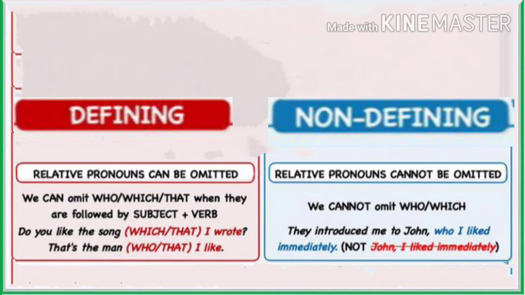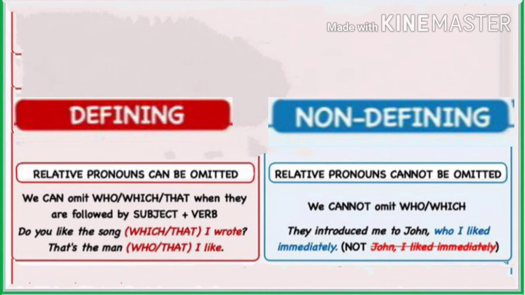In the same way, next sentence also, that's the man who I like, or that's the man that I like, or that's the man I like. Coming to non-defining, here relative pronouns can't be omitted.